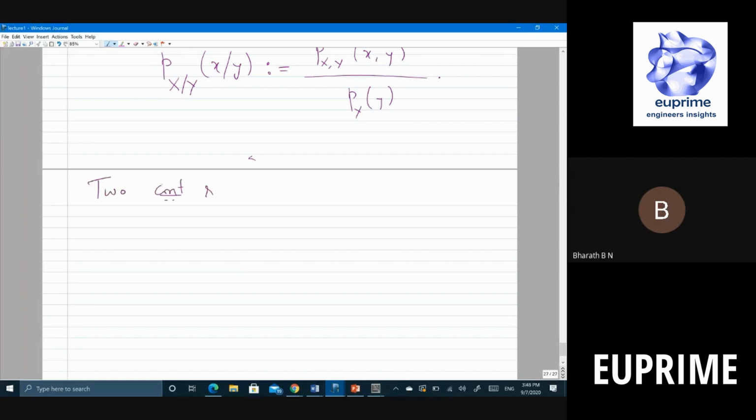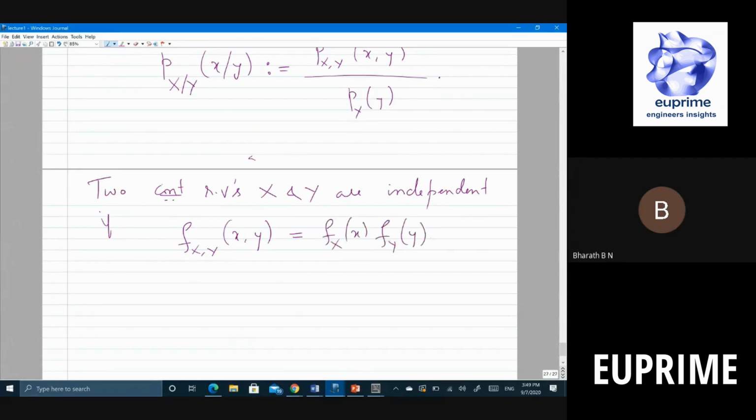Two continuous random variables x and y are independent if fxy of x, y, you know what is the joint PDF, right? That we have defined. It's equal to the product of the marginals, assuming that the marginal exists. Then only this definition makes sense. Otherwise, you have to go back to CDF and define it using CDF.